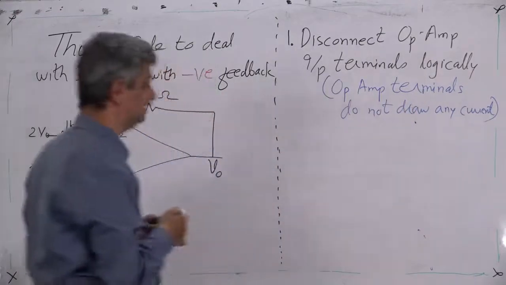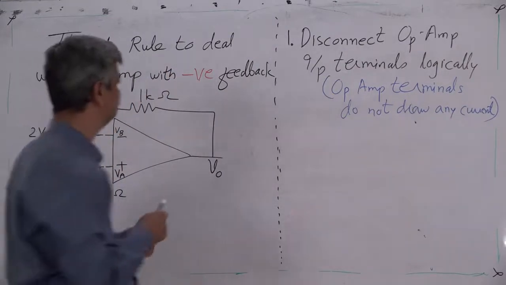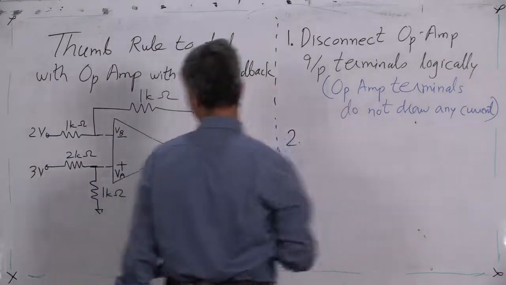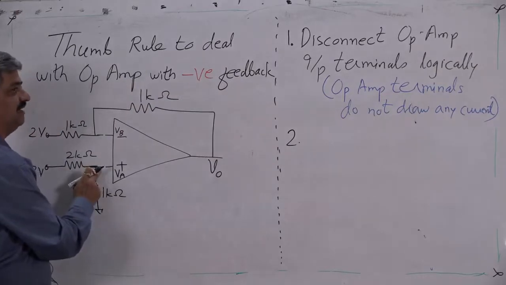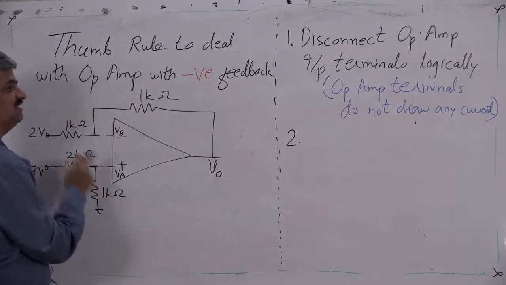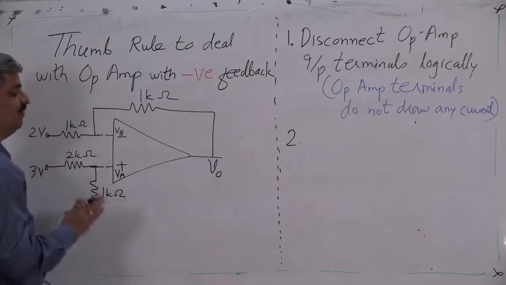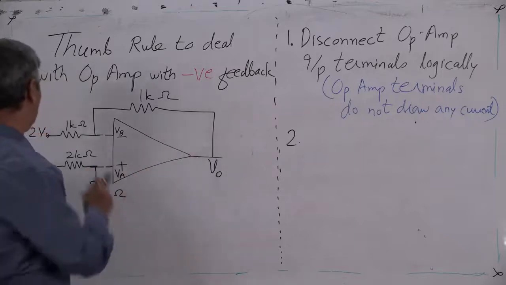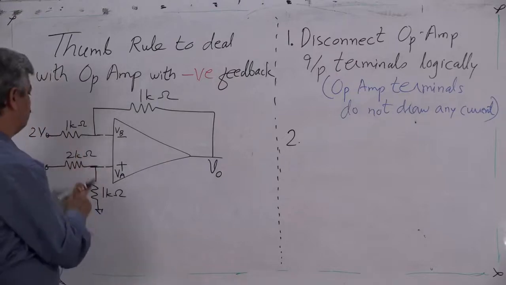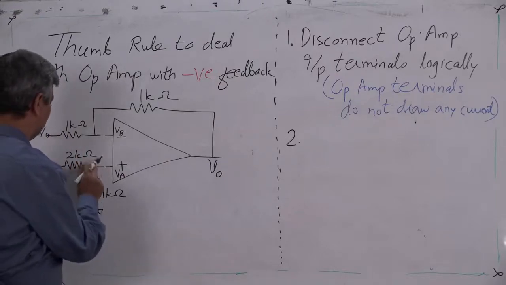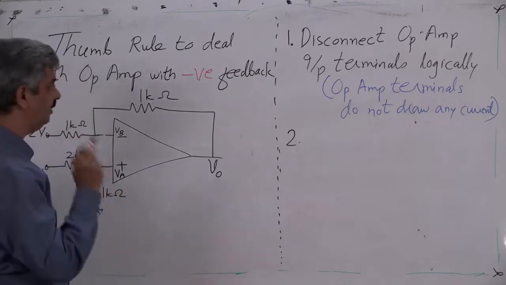the inverting terminal node, first rule. Then second rule, calculate the voltage at the non-inverting terminal independently, because in this case there is no feedback for the non-inverting terminal. Right now we don't go for positive feedback. So in case of the non-inverting terminal, there is no connection of output. So based on the other circuit which is coming to this point VA, you calculate VA independently.